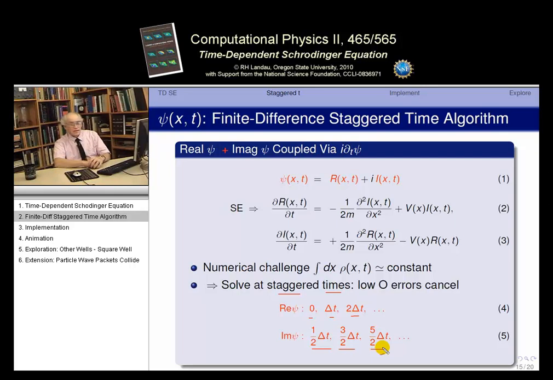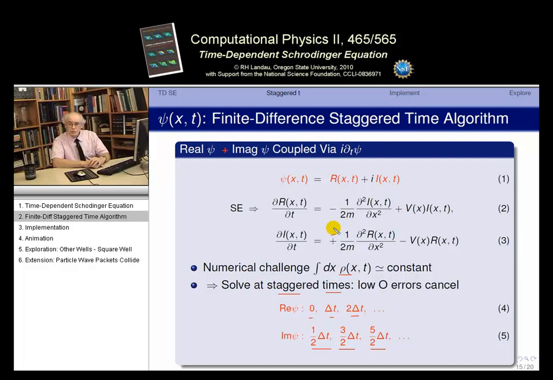And the reason for this is when you take the real part of psi and the imaginary part of psi and you put them together to construct the density, it turns out that two orders of error cancel, and we're left with a higher order algorithm for the probability conservation than we would have if we just used what we used previously. So it's like Runge-Kutta, where by choosing the derivative in different places, you get cancellation.